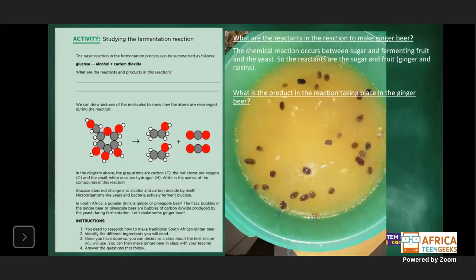All right. So yes, guys, the product is carbon dioxide and a very small amount of alcohol. I can't remember who asked about the alcohol percentage. So guys, again, the alcohol percentage is dependent on how long you leave your brew to ferment. All right.